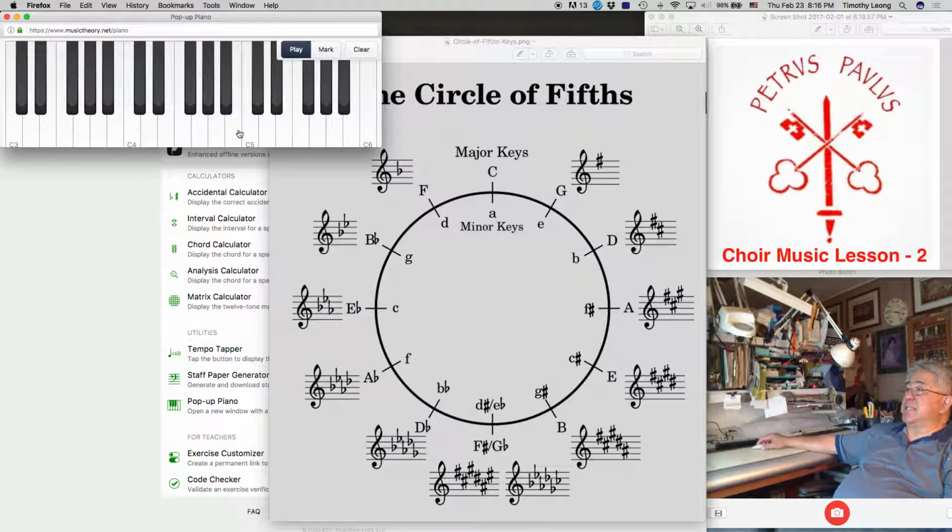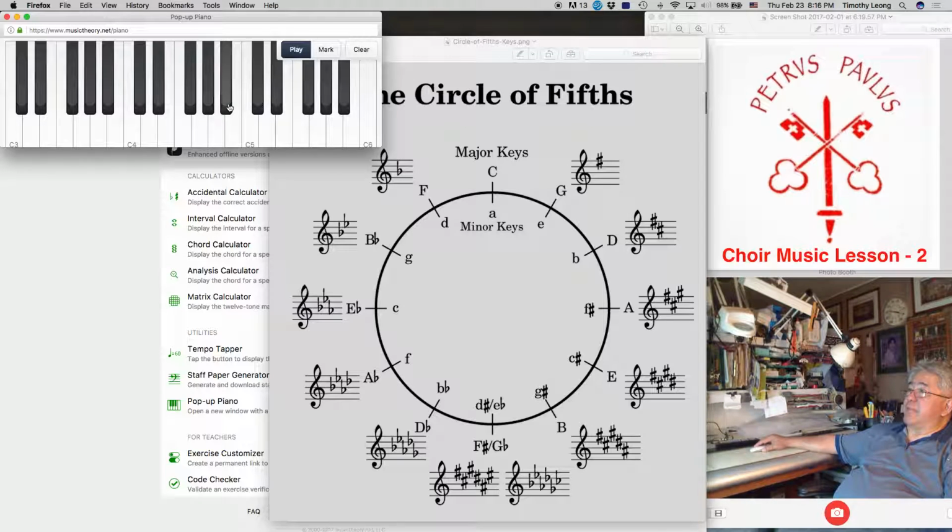So here's the C, here's the C. Five notes apart, 1, 2, 3, 4, 5. That's the key of F. This guy, key of F. Sorry.